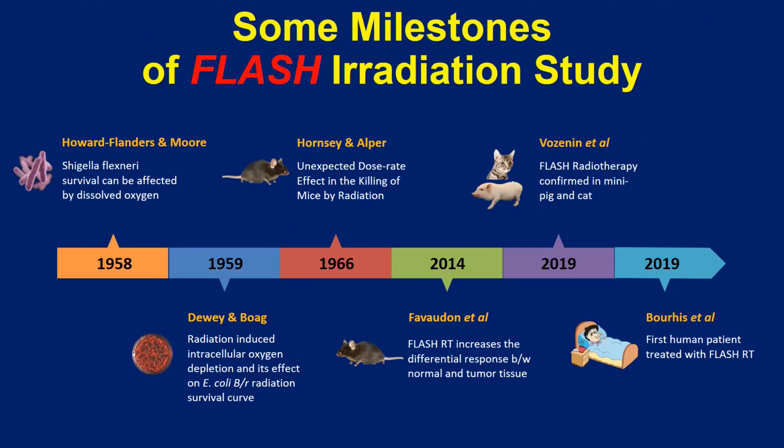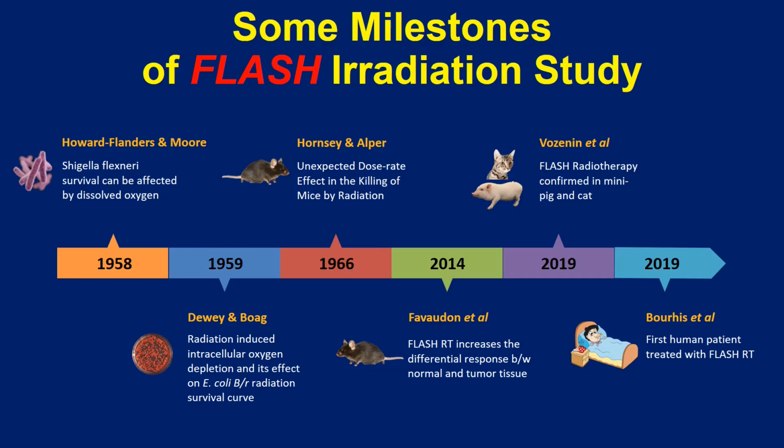In this slide, I show you some milestones related to flash study. The first one is the oxygen effect. It was discovered in 1958 that radiation kills cells at different rates when intracellular oxygen tension is modified.